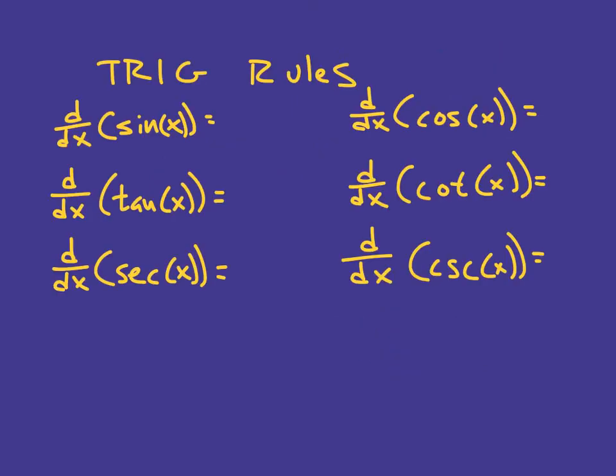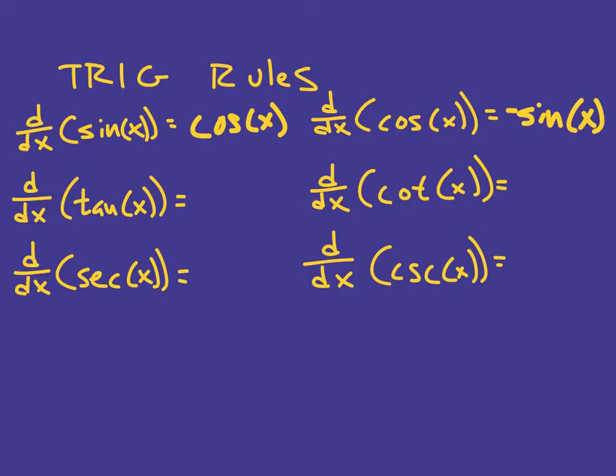Okay, the next one is your trig rules. And so if I were to take the derivative with respect to x of sine x, that's just going to give me cosine of x. Now, if I take the derivative of cosine, that's going to give me negative sine of x.